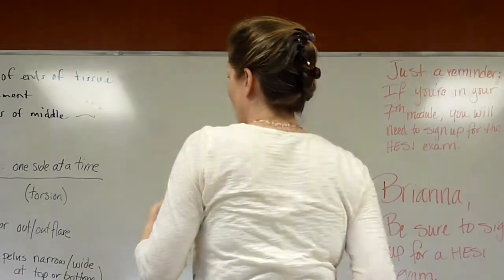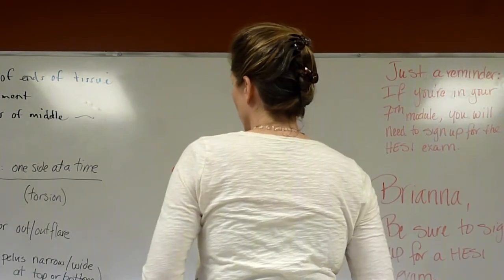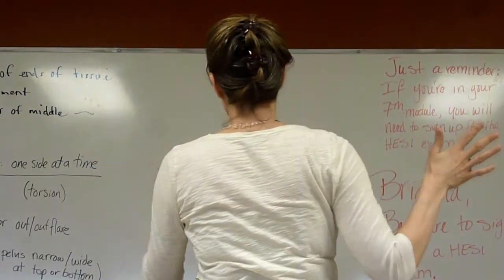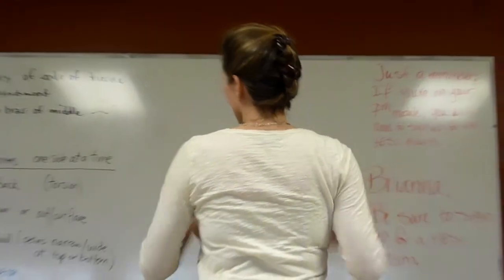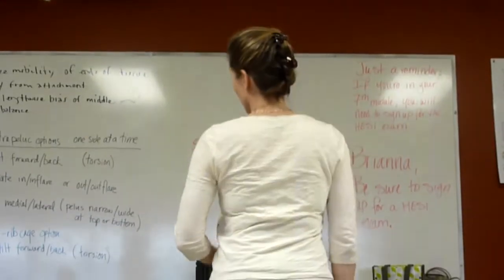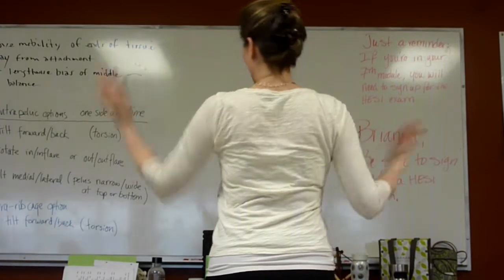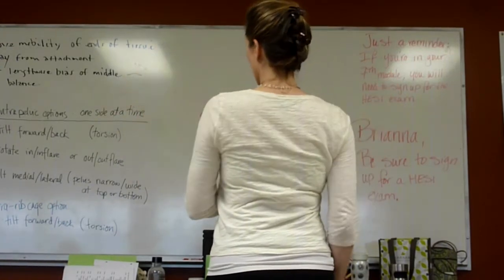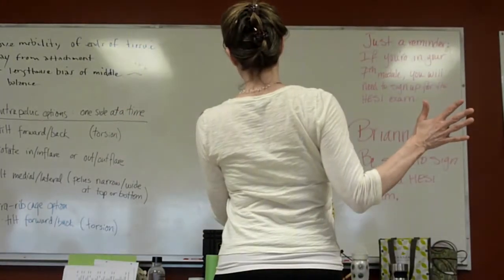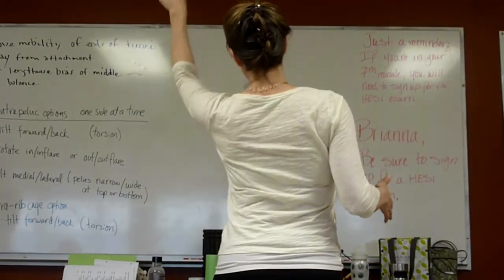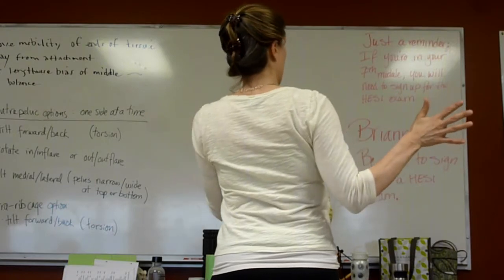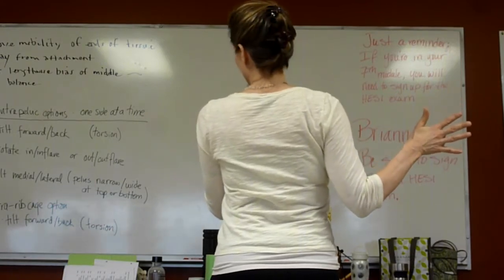And they are more following the rule of a side bend with rotation to the opposite side. So like a scoliosis. So if I'm in upright position and I side bend, I get across a broad area, my spine rotates to the opposite side.